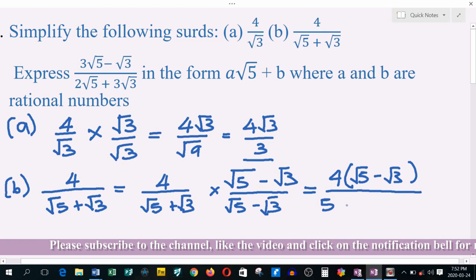Root 5 times minus root 3 will give us minus root 15. Root 3 times root 5 will give us plus root 15. Root 3 times minus root 3 will give us minus 3.